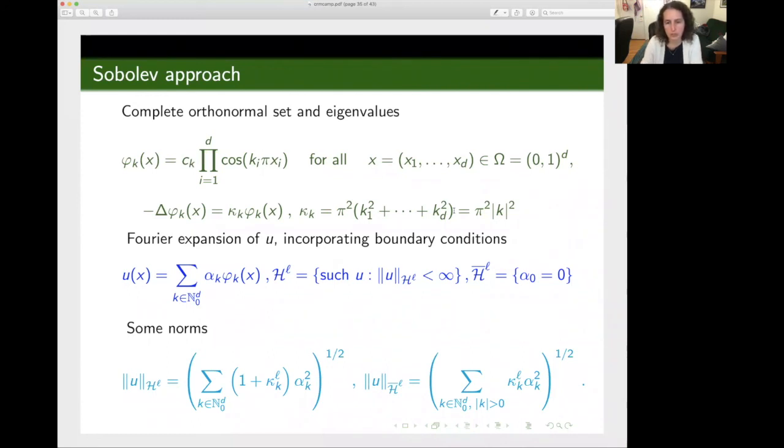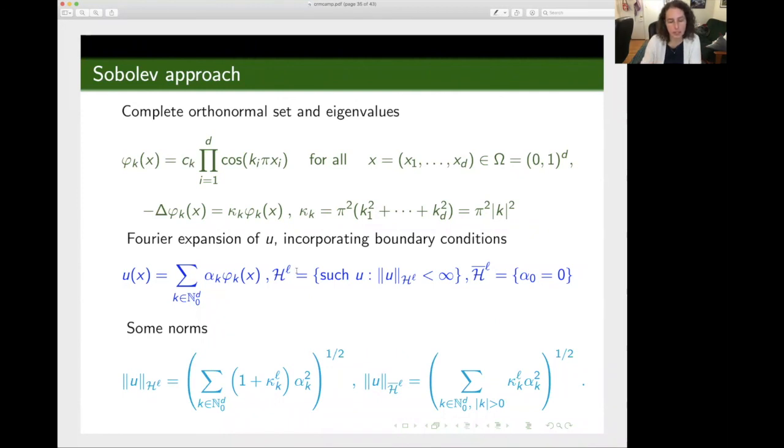I also want to mention that when I refer to k, I'm referring to a d-tuple of k values. And so u of x can be written in terms of a sum over of these psi k's, of alpha k psi k. And one thing to keep in mind here is that I have incorporated the Neumann boundary conditions into my complete orthonormal set.